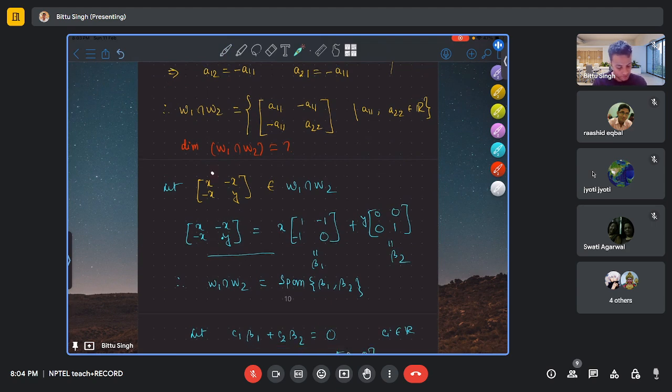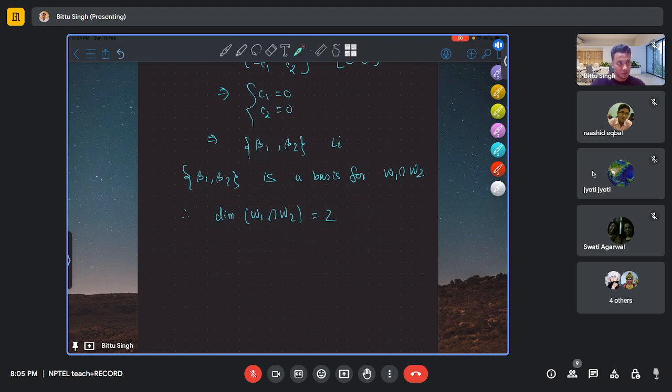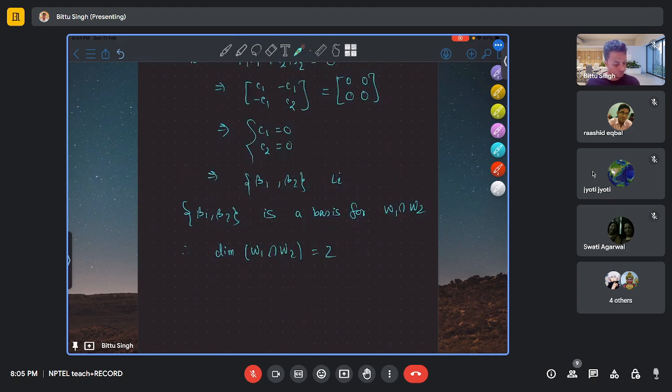You can guess that the dimension will be 2 because this matrix is just the same as two-tuples x, y which are linearly independent, and everything else depends on those entries. So there will be two free entries, and this confirms our guess. Okay.